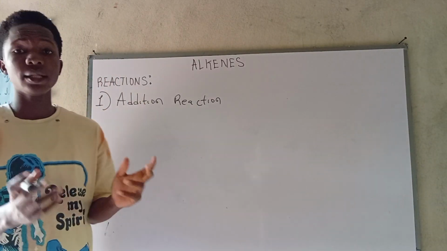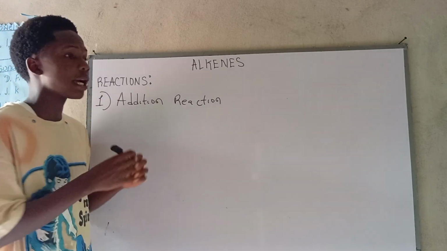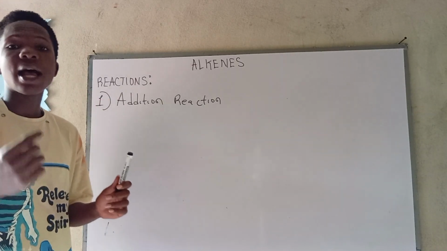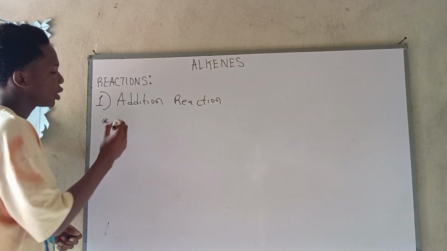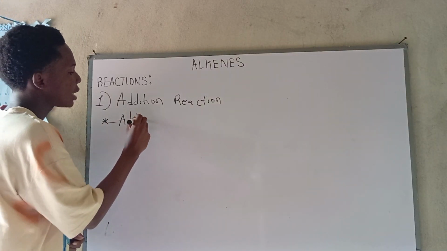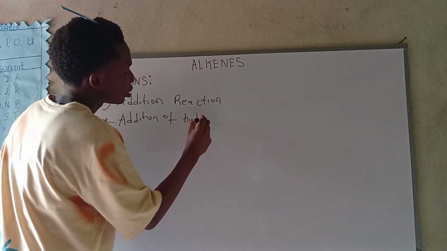Alright guys, now looking at the next addition reaction. The next addition reaction is the addition of hydrogen halides. This is what we are going to be looking into now.